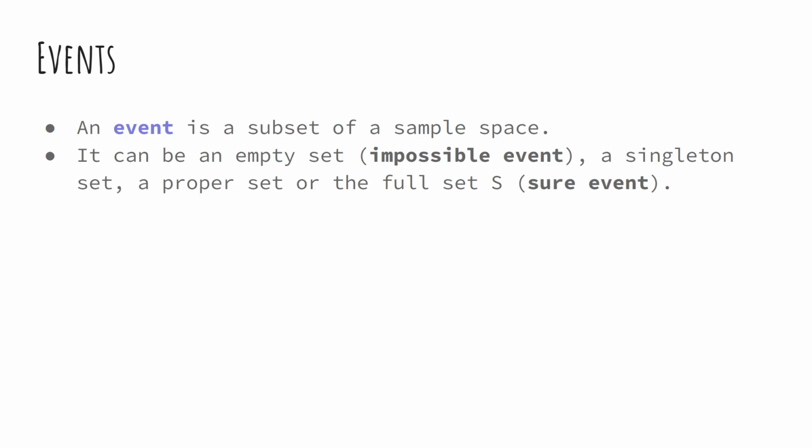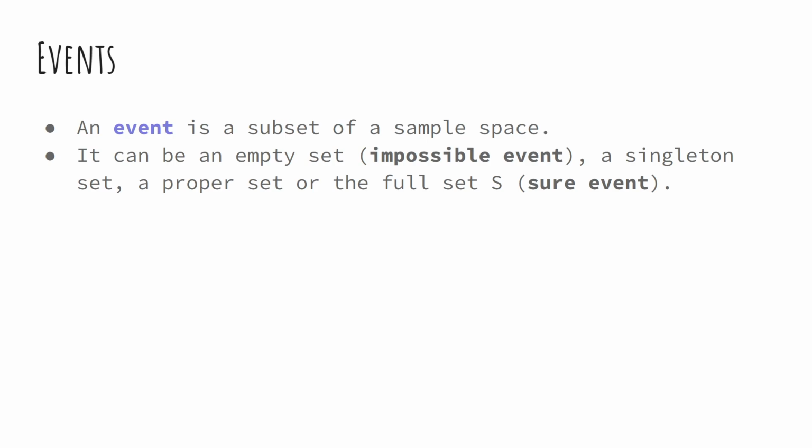Empty set means there is no element in it, right? So it's an impossible event, it cannot happen. Or it can be a singleton set where there's only one element, or it can be a proper subset, meaning there are some elements but not all elements. Or it can be the full set.